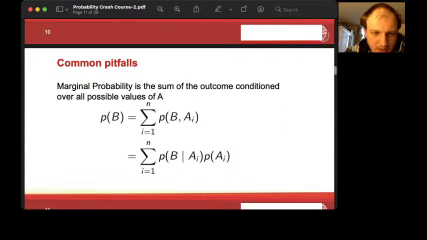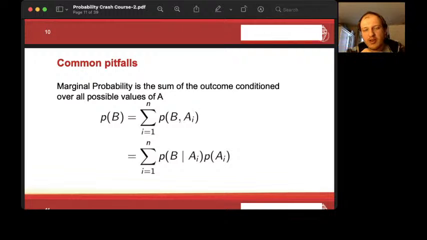And one common mistake that I find in a lot of homeworks is that when you compute the marginal probability, so this is the denominator when you compute Bayes rule, some people are taking A and not A, even if you have A to have many cases.